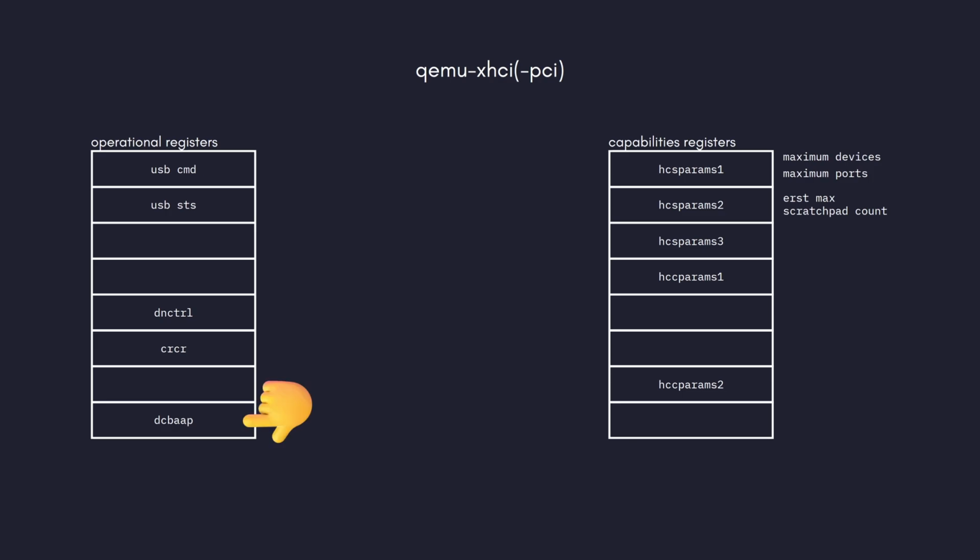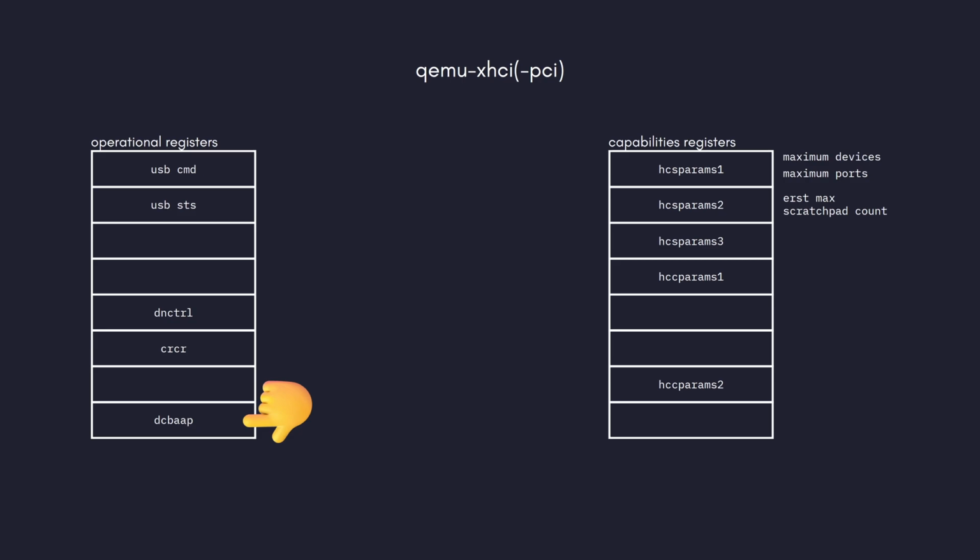Then there's the DCBAAP, which is the device context-based address array pointer. This is again another table that contains pointers to each device context. Now, each device that we connect through USB needs to have some information about it, and this is the context that we're talking about. So in this table, we simply will find a pointer to that context.